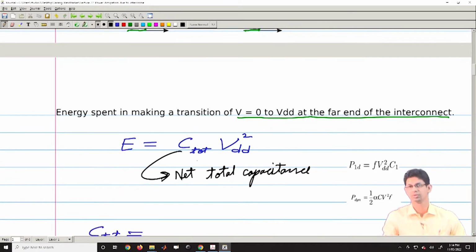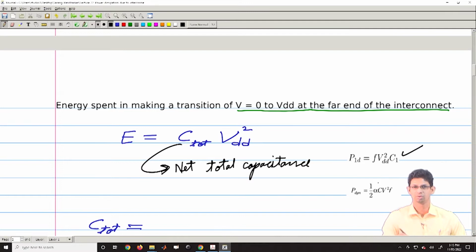So, in most of the references, if you read research papers on power dissipation issues, you will find an expression like this, where there is VDD square into C1. However, in one or two references, you will also find a factor of 1 by 2. So, irrespective of that, the argument which we are going to make will remain the same.